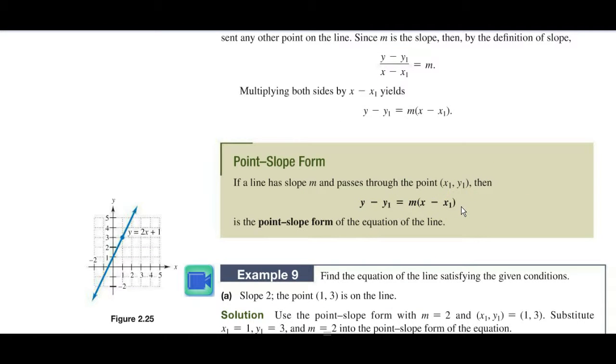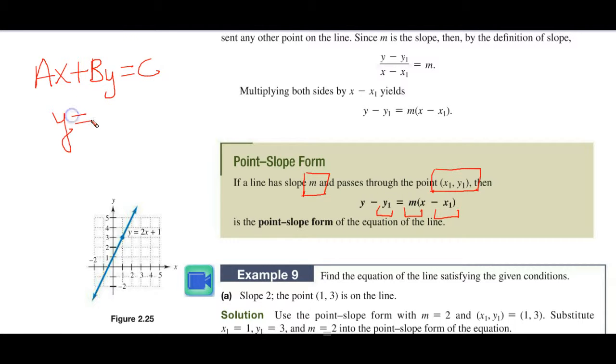Basically this form states that if you know the slope and you know one point, you can substitute the point and the slope into this equation and generate usually either standard form or slope-intercept form.